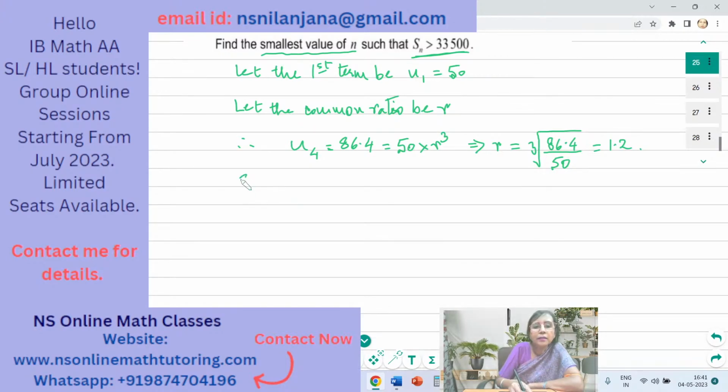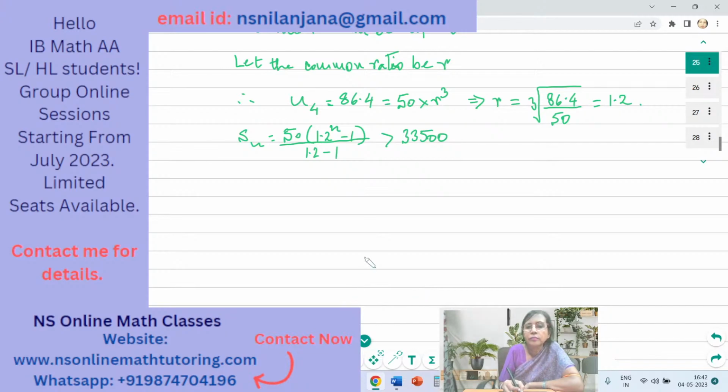It is Sn, u1 is equal to 50, so it is 50 times r to the power of n, so 1.2 to the power of n minus 1, over 1.2 minus 1. This should be greater than 33,500.